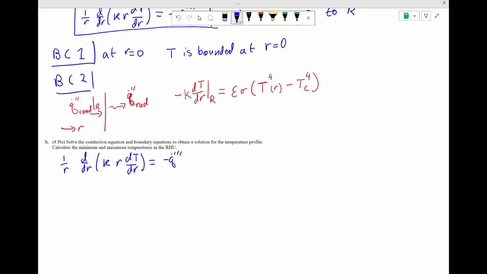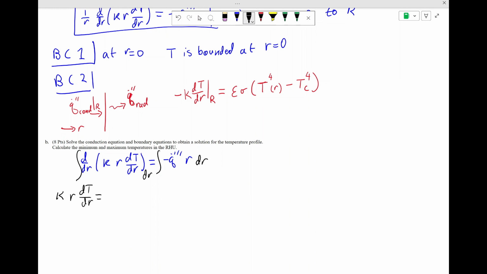We'll bring the r factor over to the other side, and then integrate both sides dr. When we integrate the left-hand side, we're just going to undo the derivative term in front. The integral of d/dr of something dr just gives the argument of that, so that's going to be k r dT/dr.